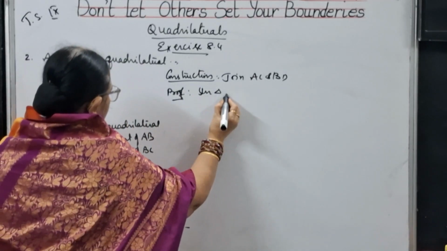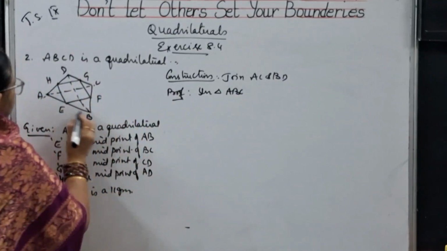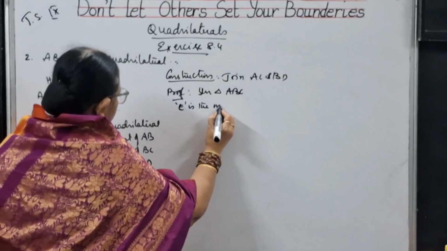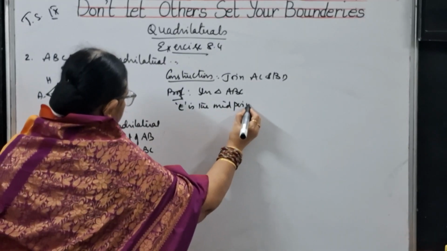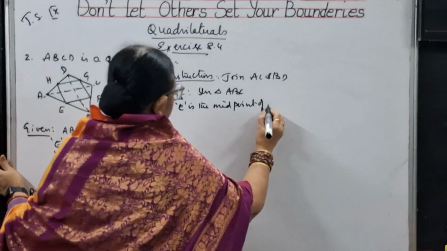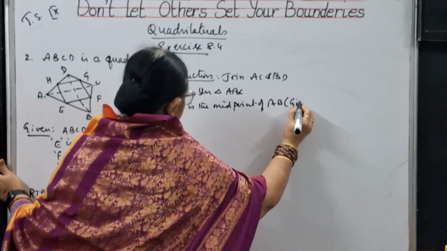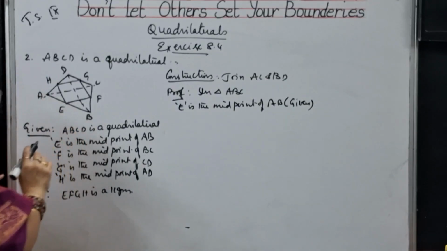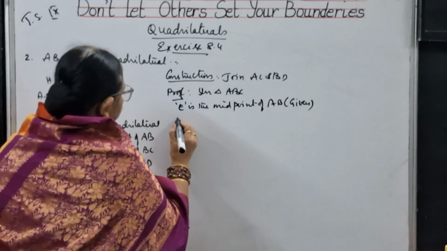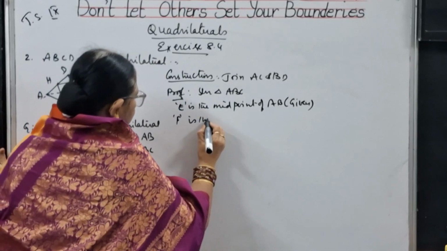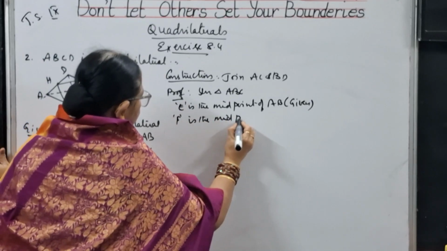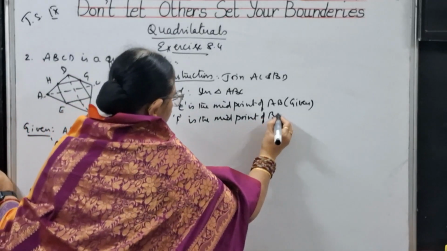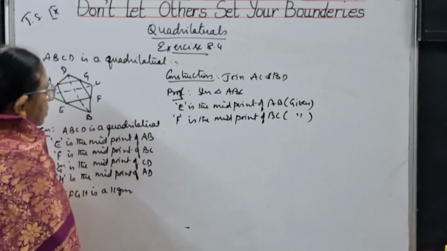In triangle ABC, see, E is the midpoint of AB. This is given to us. E is the midpoint of AB. This is given to us. And then F is the midpoint of BC. This is also given to us.